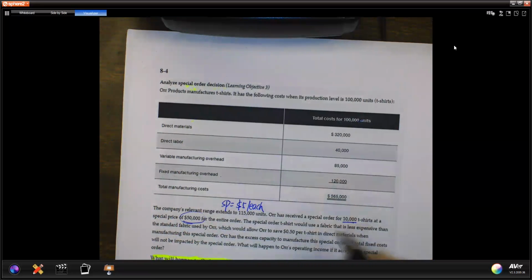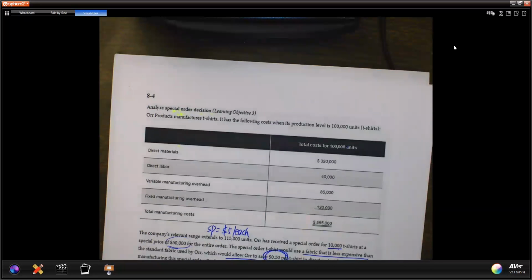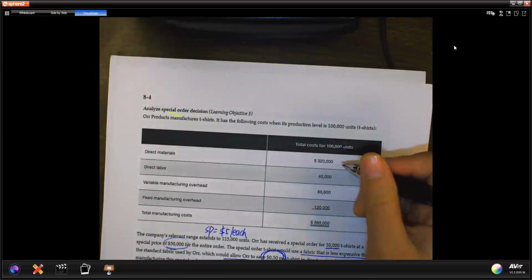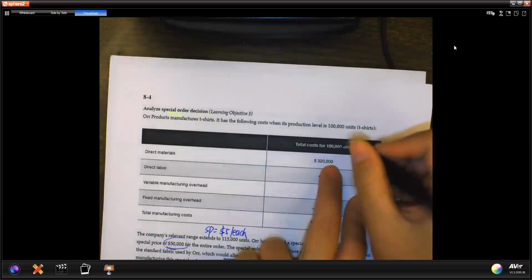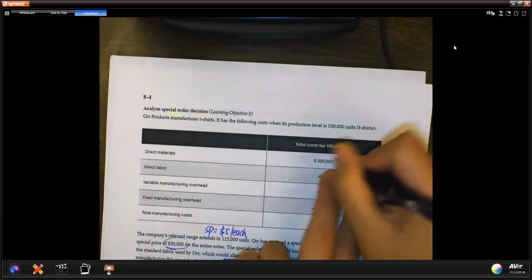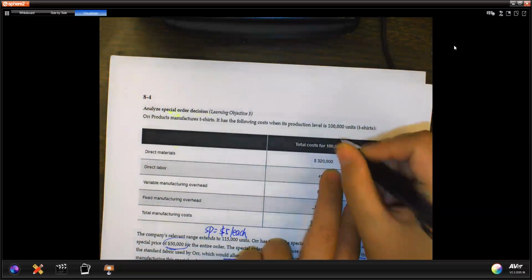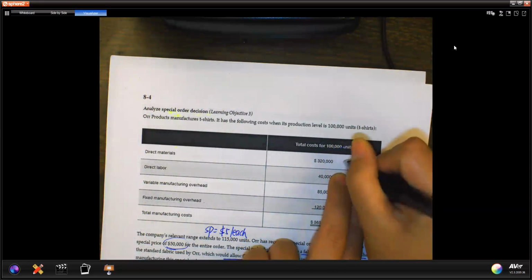Because of that, you will use a fabric that will save you 50 cents, right? So if you take the order, your direct material, this is for 100,000 units. Basically, 320,000 divided by 100,000 units, so each one is 3.2.